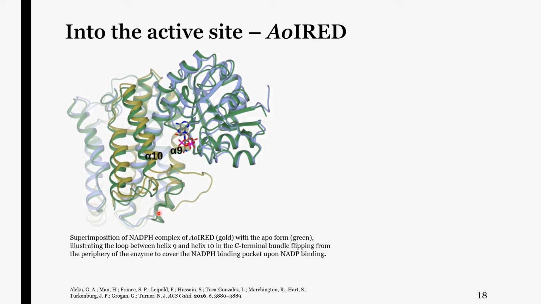And when they did the crystallization with the cofactor together, they found that this loop region is further moved closer to the NADPH molecule. So it's like a lid which closes the active site, which is also smaller after NADPH is bound.